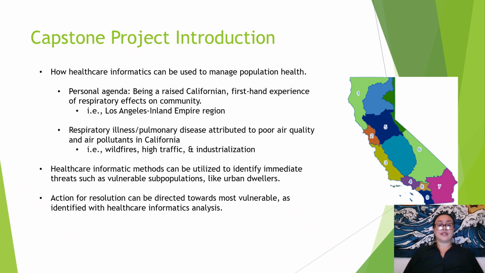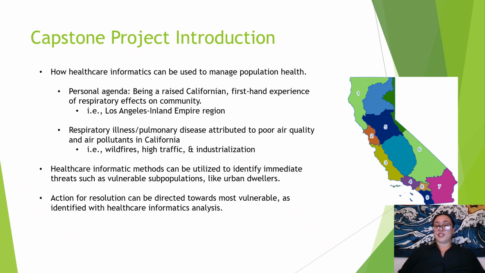The respiratory illness and pulmonary disease of California is attributed to poor air quality and air pollutants in the state. This could be due to attributes such as wildfires, high traffic, and industrialization. Healthcare informatics can be used to identify threats to vulnerable populations.